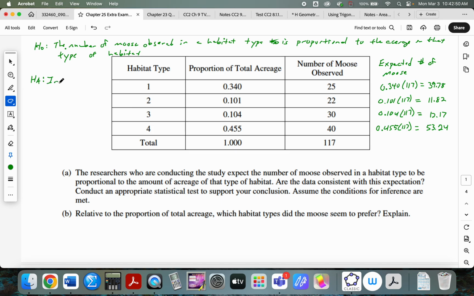So in at least one habitat type, the number of moose observed is not proportional to the acreage.